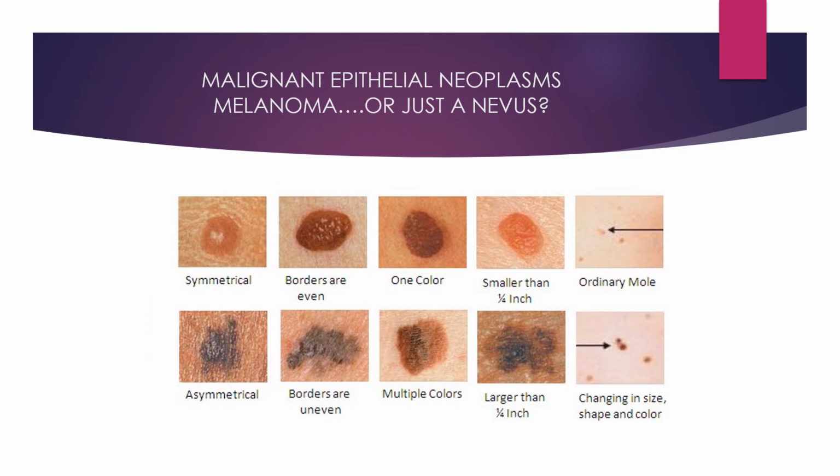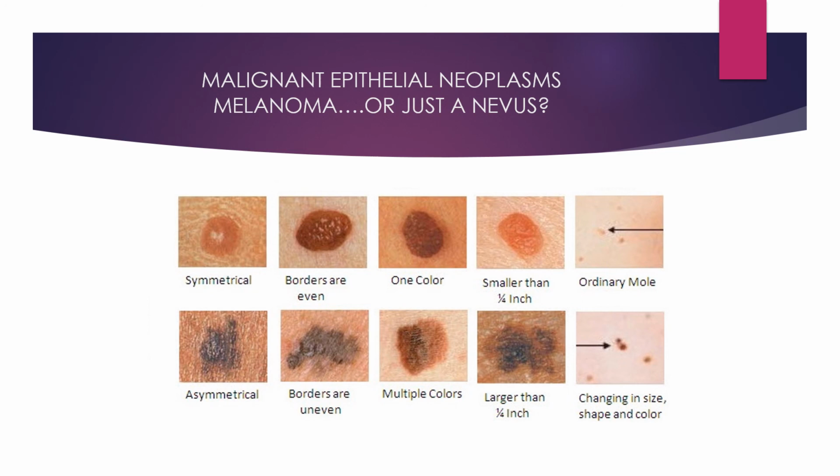So this chart is a really nice way of comparing a nevus and a melanoma. If we're talking about symmetry, nevuses are symmetrical. If you were to bisect the nevus, you would find that they are equal in two parts. Not so with a melanoma. They would not be equal if bisected.